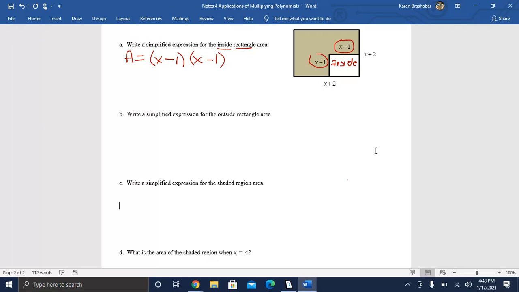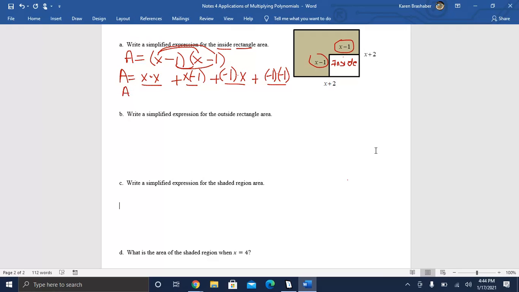And so we will set up our workspace for the 4 multiplications. We'll be doing x times x. We'll be doing x times negative 1, then negative 1 times x, and finally negative 1 times negative 1.